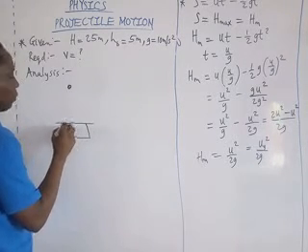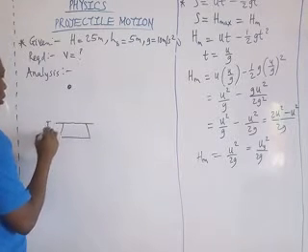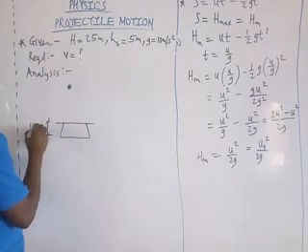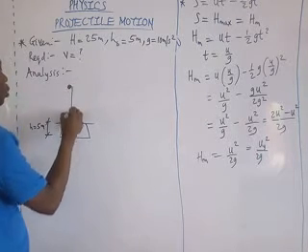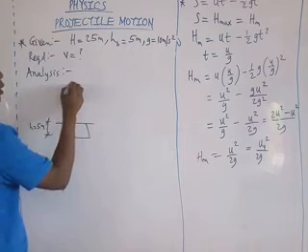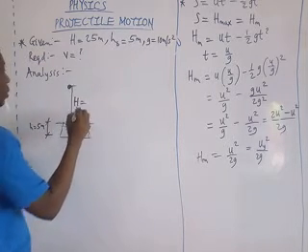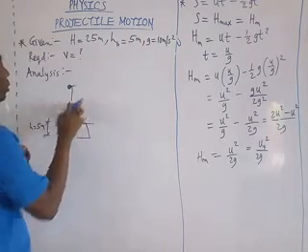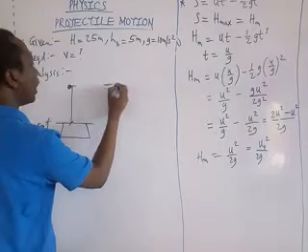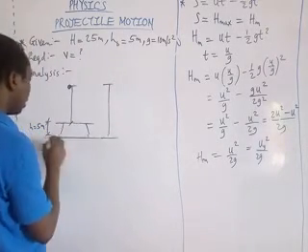Let me just take this as the building. The height of this building is our h, given to be 5 meters, but the height of the object to the roof of the building is given as capital letter H. Take note, sorry. The height of the object to the ground. This is the ground.